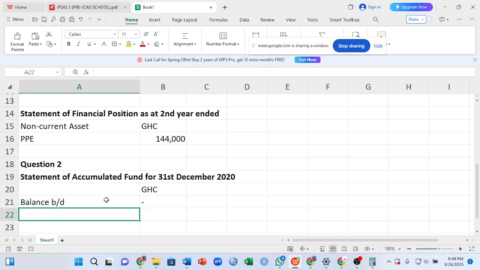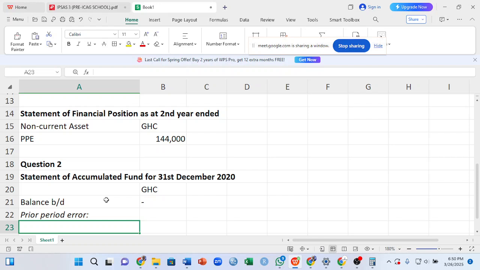Then you will now correct the error. We call it prior period error. When you correct the error, you get a new balance, which we call the restated balance.